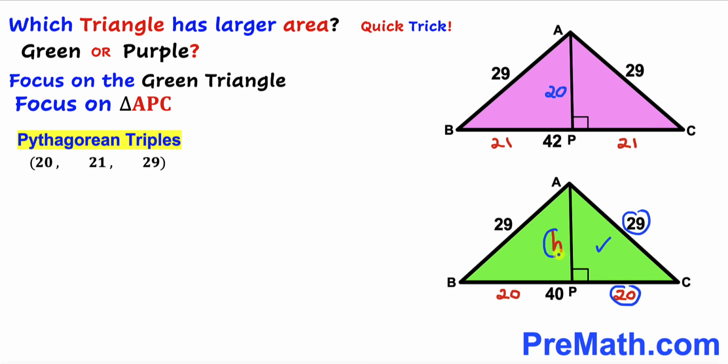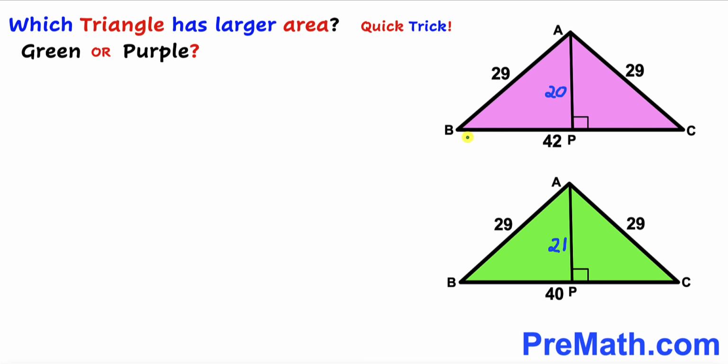So this third h value has got to be 21. So this perpendicular AP length turns out to be 21 units. Now we can see this base of the triangle is known and the height is known as well. Likewise this base is known and the height is known once again.